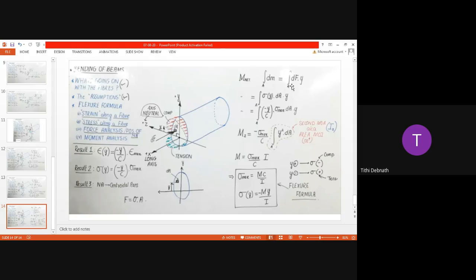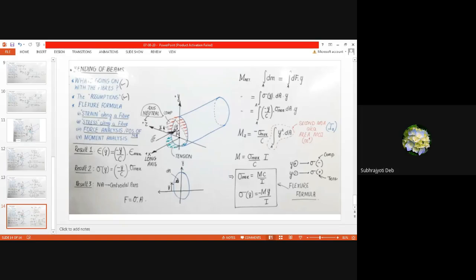Here dM is written for moment. For this small section in this area, the area is dA, and you want to calculate the moment for this small section.